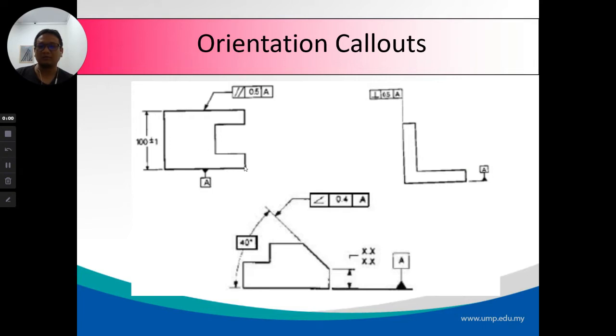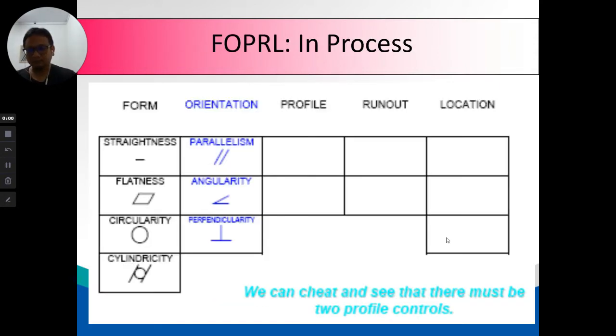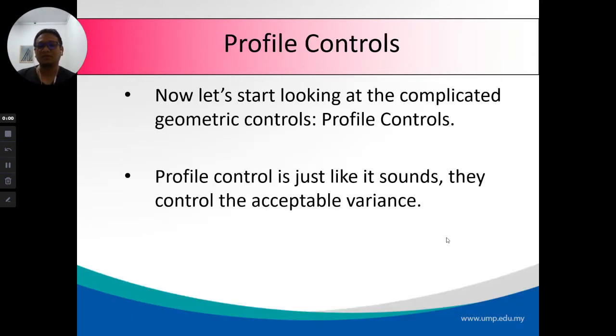This one is parallel to datum A. An angularity of 0.4 at 40 degrees to datum A. So you have three: parallelism, angularity, and perpendicularity for the second orientation.